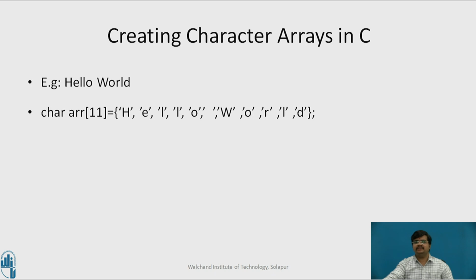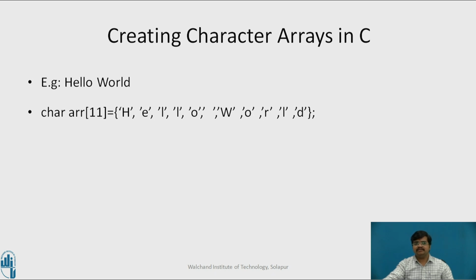Next point is how we can create a character array. So example is, suppose we want to create a hello world. The declaration is char, the name of the character array, and the size is 11.